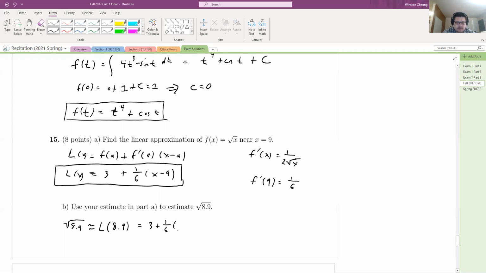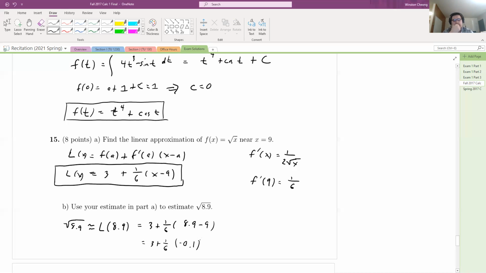3 plus 1 over 6 times 8.9 minus 9. Okay. If I do this subtraction, I'm going to get -0.1.